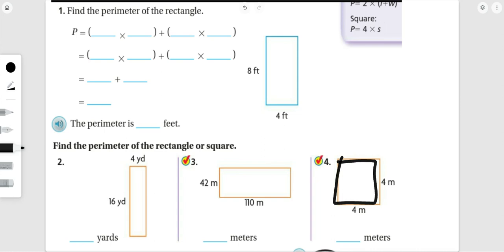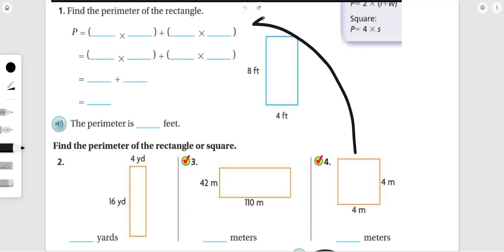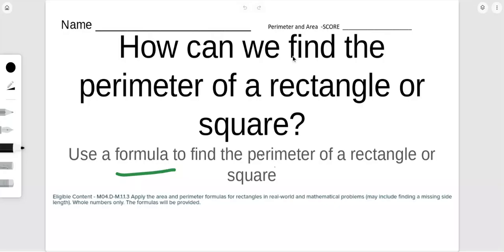We know that squares have the same formula. P is equal to 2 times the length plus 2 times the width. Squares have the same formula for finding the perimeter as a rectangle does. All right, guys. Good luck, everybody, and remember while you're working today to think about using our formula to find the perimeter.